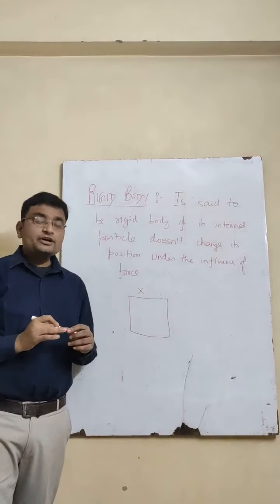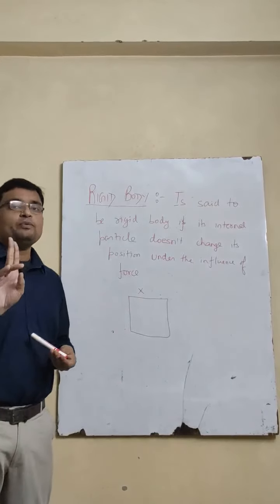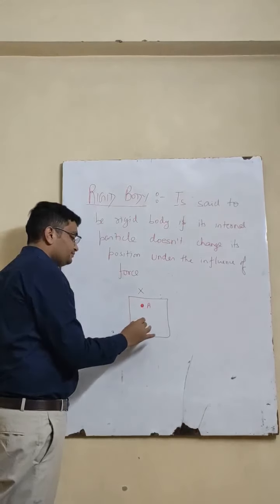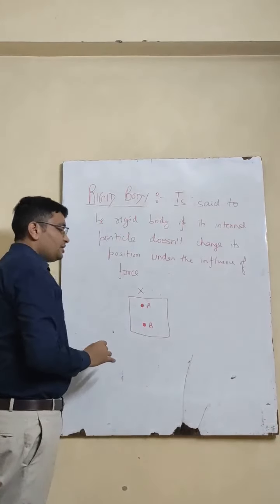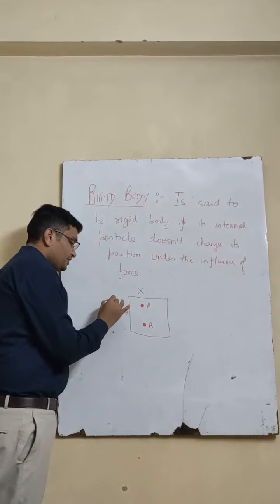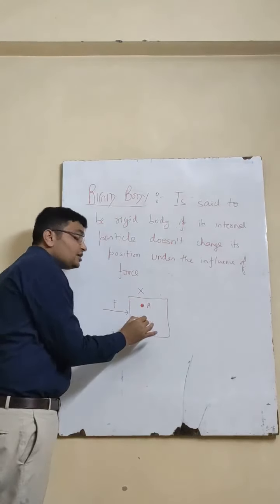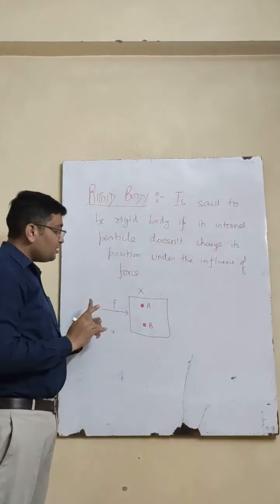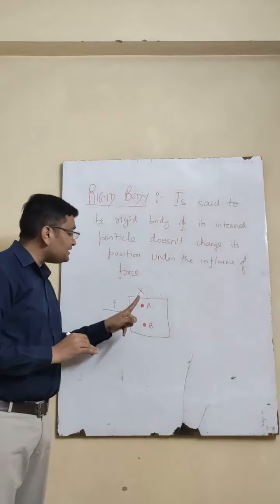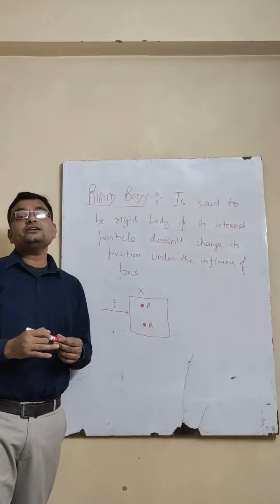But in order to explain in a simple way what I mean by rigid body, I will take only two particles, A and B. Now, when I apply a force F on this body and the positions of particle A and particle B do not change, then we will simply call it a rigid body.